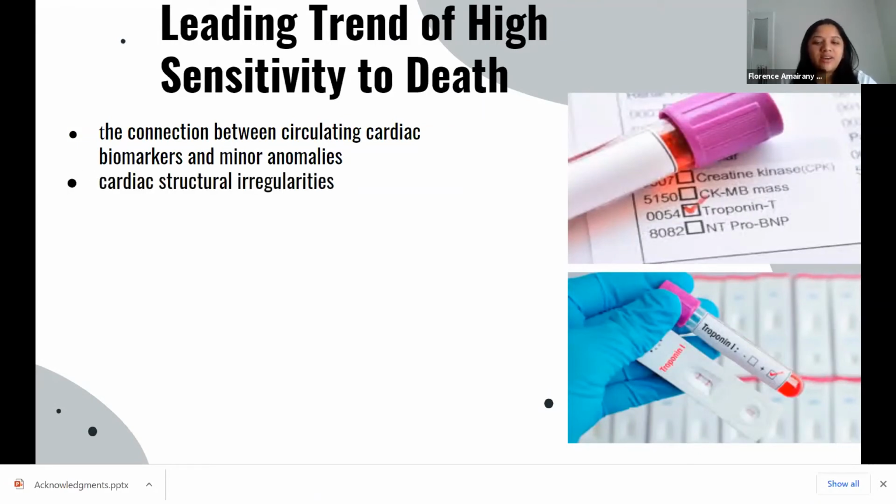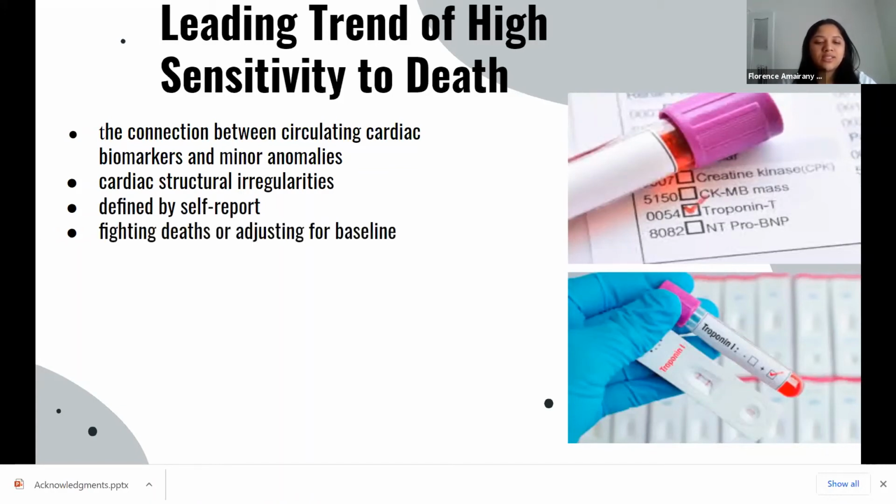The examination of hypertension is usually led by cardiac structural irregularities. Therefore, they assessed whether high-sensitivity cardiac troponin, a marker of subclinical myocardial damage, could classify individuals at risk for hypertension or even left ventricular hypertrophy.